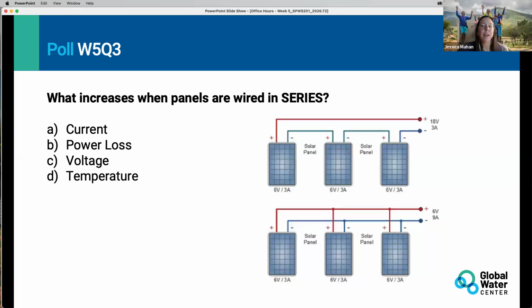Okay, so there are two different ways that we can wire panels together. One is in series, one is in parallel. So when we wire them in series, what are we increasing?